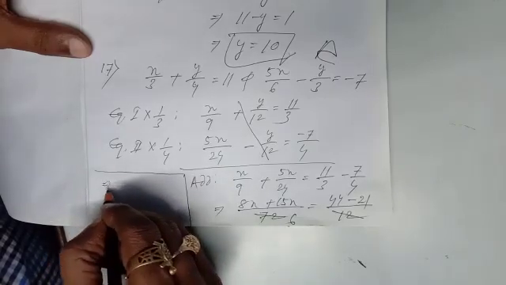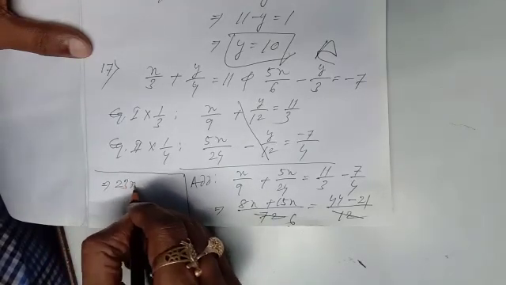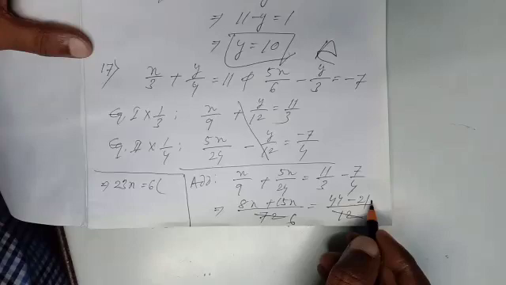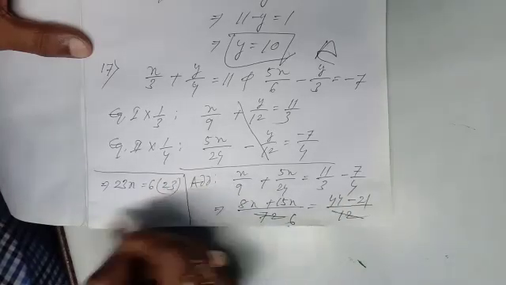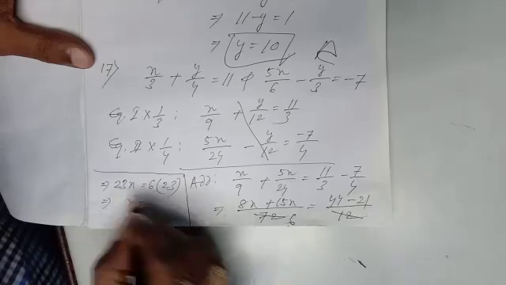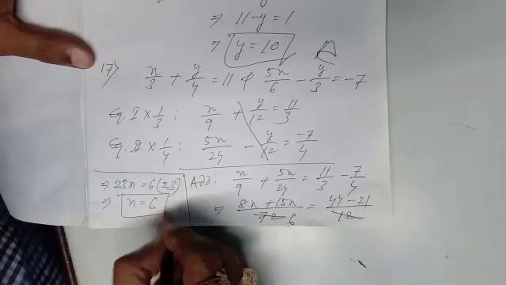This will be 23x. And the 6 is multiplied on that side: 6 times 44 minus 21, that is 23. Now x will be how much? 23 will be cancelled, x equal to 6.